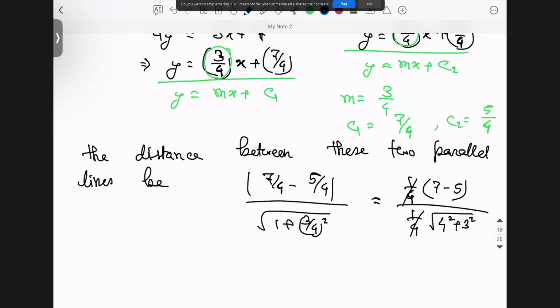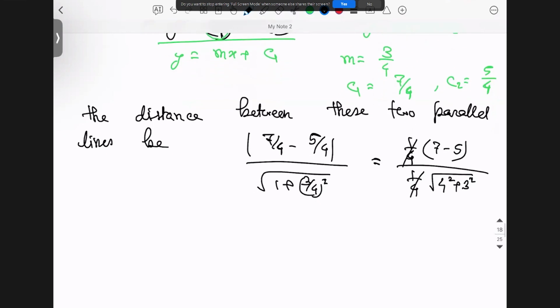Okay, so the 1 by 4 factors vanish, and ultimately we get 2 divided by the square root of 3 square plus 4 square. This is nothing but 5. So the distance will be 2 by 5.